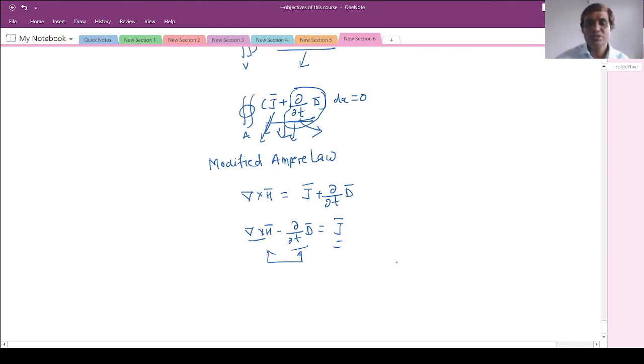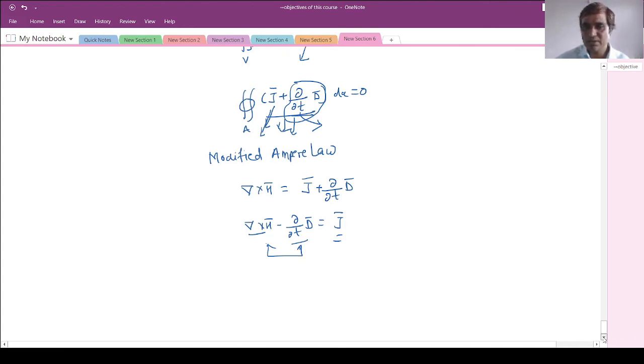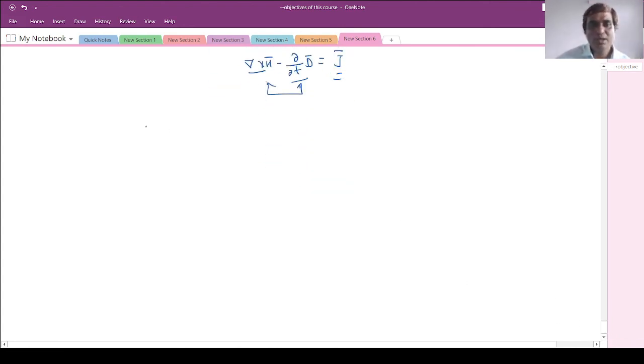Fine. So with this, let us summarize these four Maxwell equations. We have seen them in both forms, that is the differential form and the integral form.